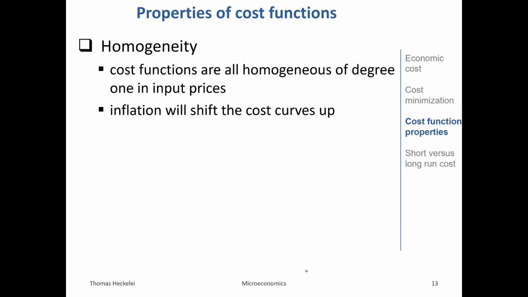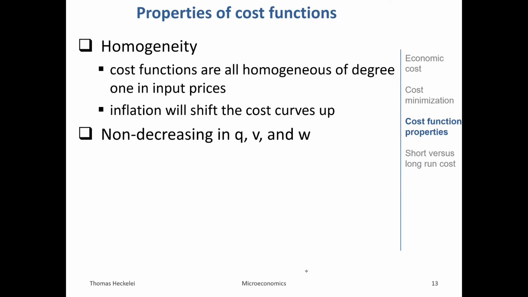All proper cost functions are homogeneous of degree 1 in input prices. So if you increase all input prices by the same factor T, for example, in case of inflation, the cost level or the cost curve will also be shifted by a proportion T. This we learned about homogeneous functions already.